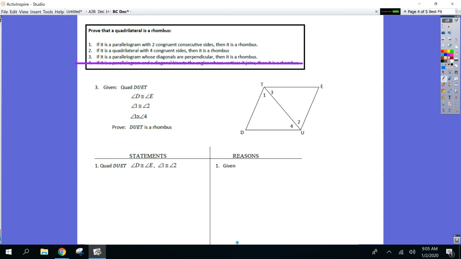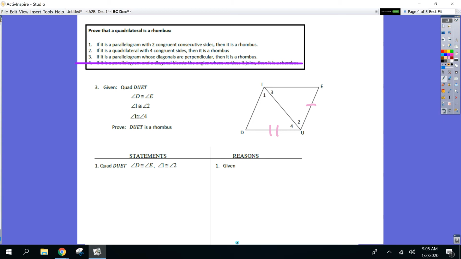Parallelogram with, you guys can just read it if you want, 2 congruent consecutive sides. Are we okay on what that means? Ready? Say it's a parallelogram. There's 2 consecutive sides. Makes it a rhombus. It's a rhombus now. All good?